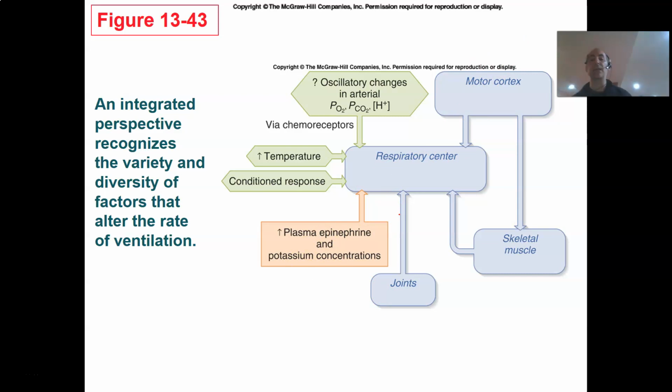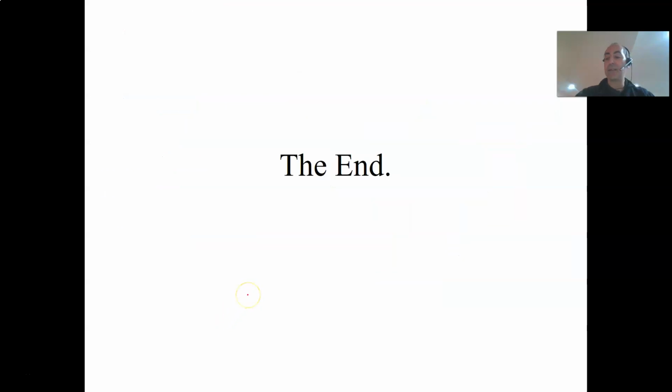So your breathing, yes, it's arterial PCO2 that drives most of the changes, but the motor cortex, you moving, the cerebellum is involved, joint movement, skeletal muscle movement, temperature, oscillatory changes in PO2, also epinephrine, potassium levels, all of this is involved. So this is a general diagram you should know. And that is it. That is the end of respiratory physiology.